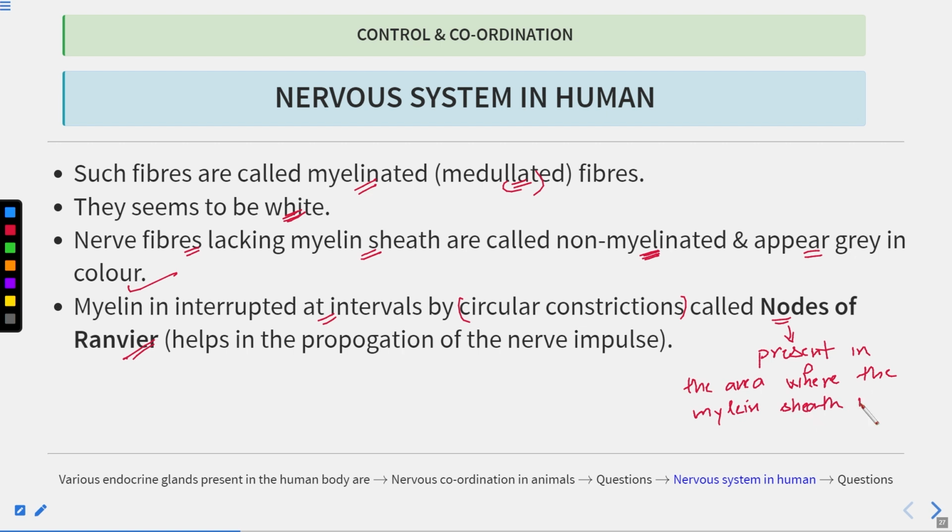And this I've already told you, the nerve impulse travels from one node to another node. So this is a jumping mechanism, also known as saltatory conduction. So this helps in the fast movement of the nerve impulses. Clear? So what is the role of the nodes of Ranvier? They help in the fast propagation of the nerve impulses.